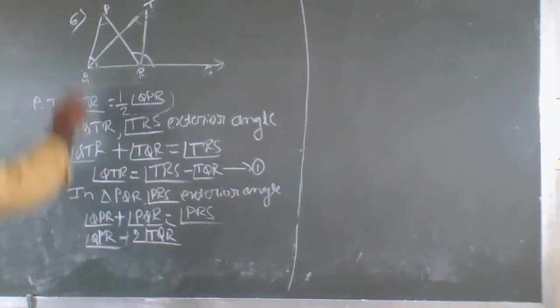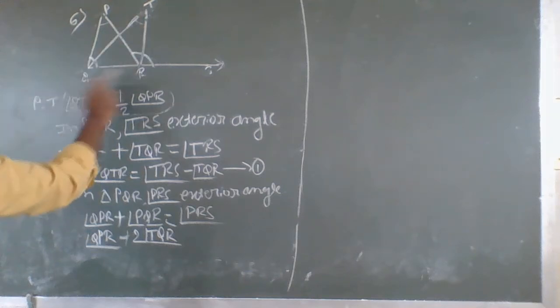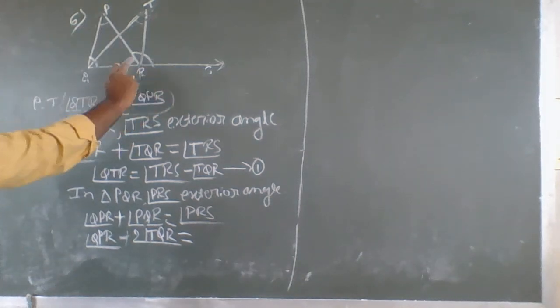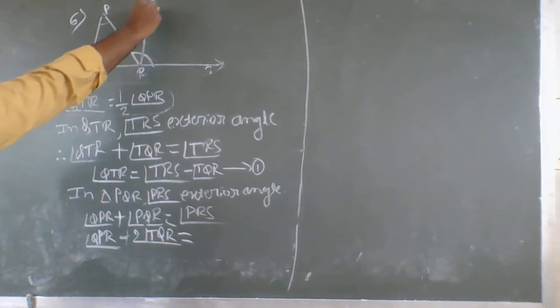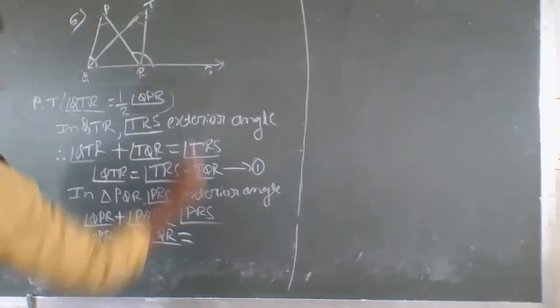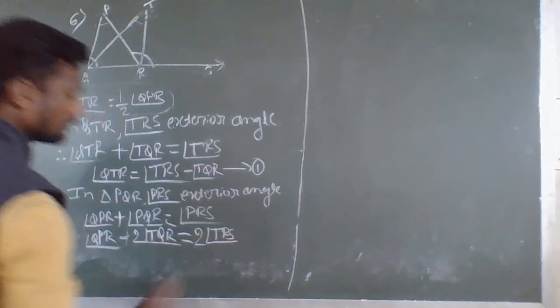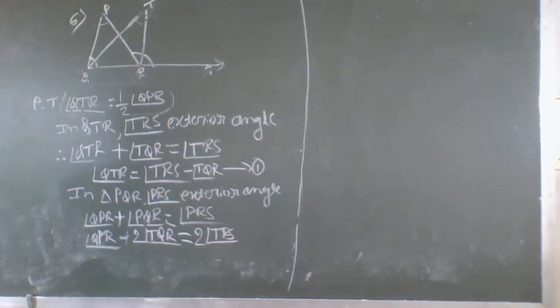In the place of angle PQR, I will write 2TQR, and angle PRS, this is the bisector, so I will write 2TRS.